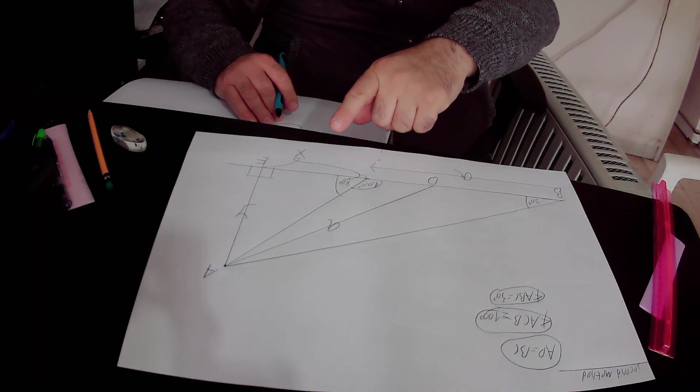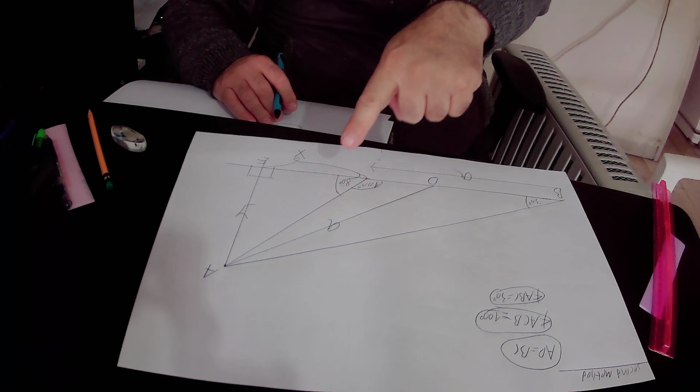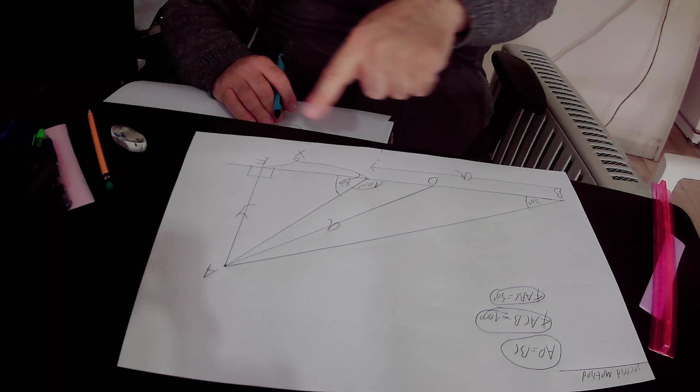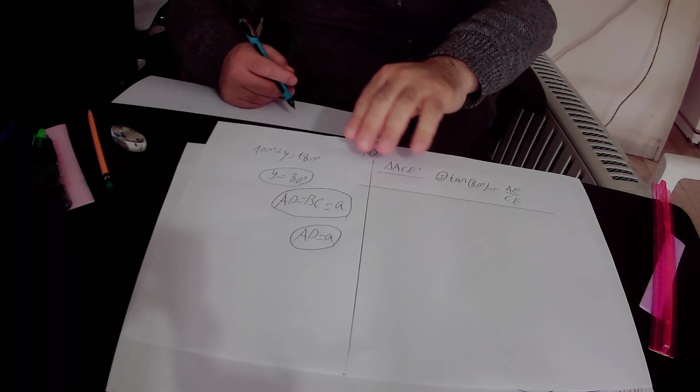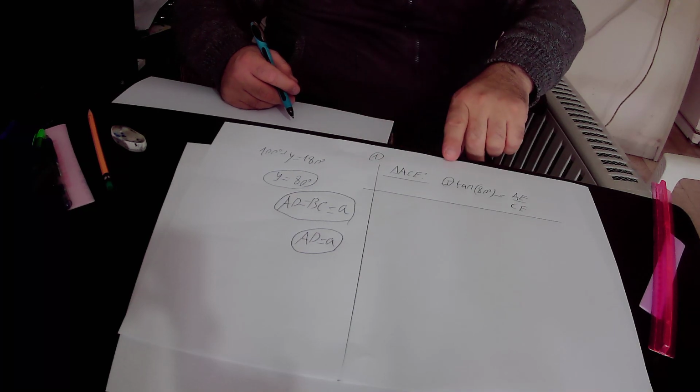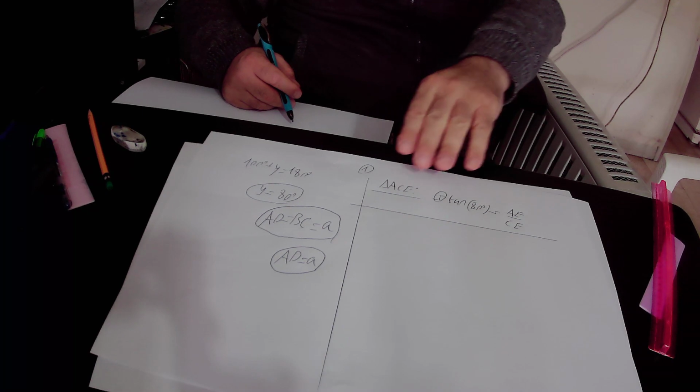I will repeat again, on the right triangle ACE, tangent 80 degrees equals AE over CE.